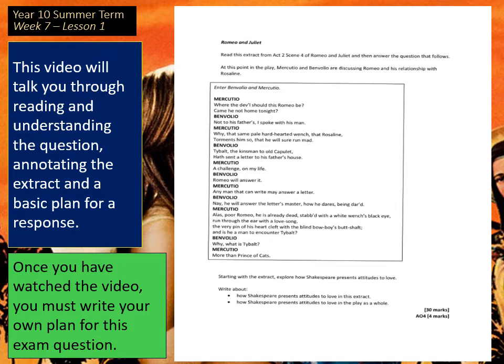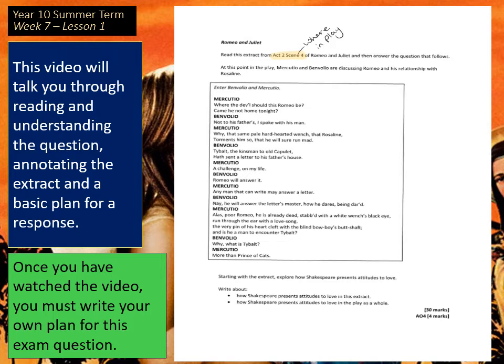So what you'll notice is that even before you read the extract, you've got some idea of where it's from in the play, okay? You're told where in the play the extract that you're given is from. So you can start to piece it together in terms of the plot of the play and where it fits in.